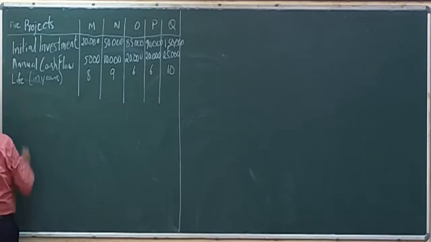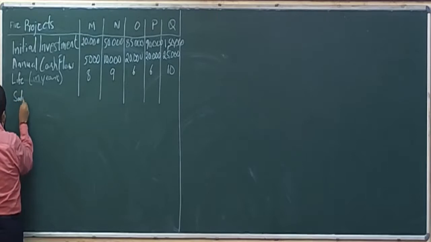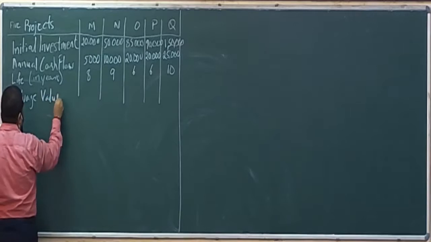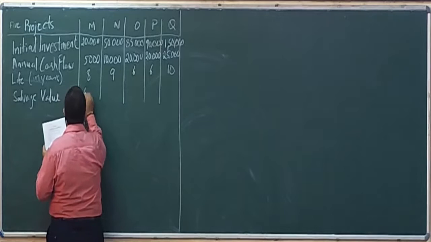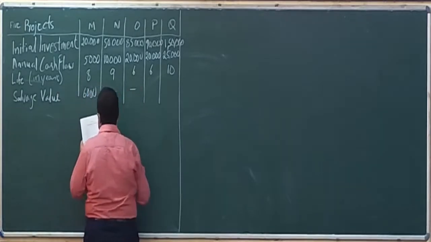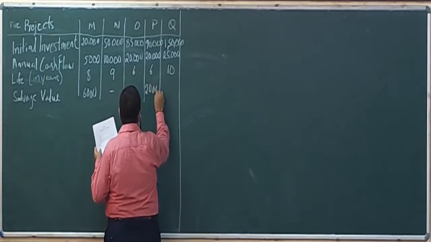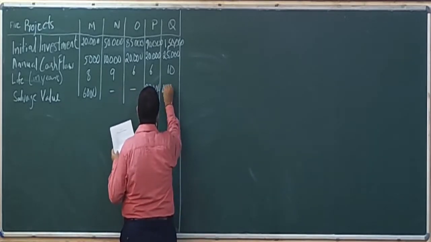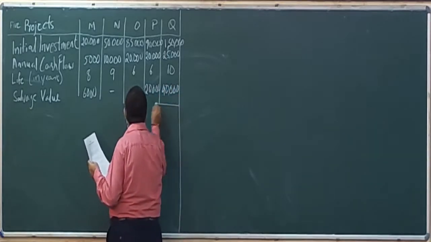Next one is the salvage value. Salvage value of M is 6,000. Salvage value of P is 20,000. Salvage value of Q is 40,000. So this is the data given.